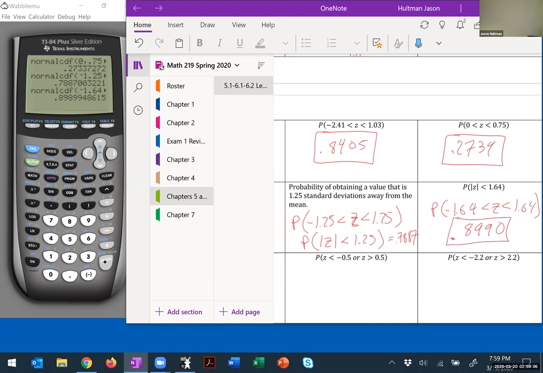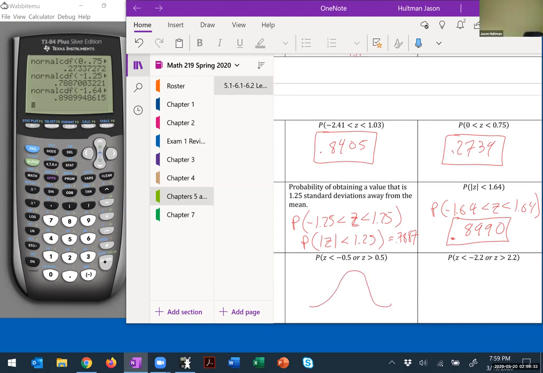What about the probability that z is less than negative 0.05 or greater than 0.05? That's an interesting one. Okay, so it looks like this. This one we can do on the calculator, but it's not going to give me the whole answer. I'll show you why in a second.